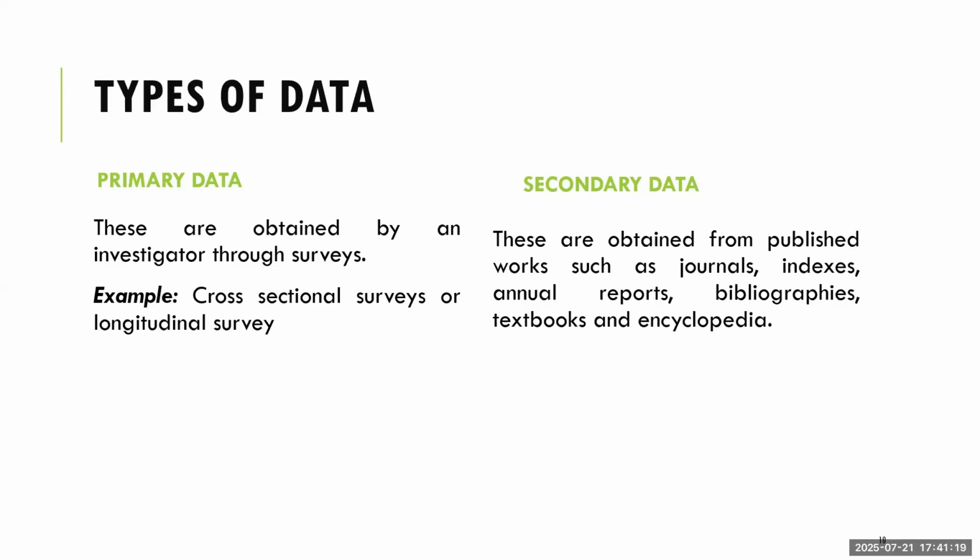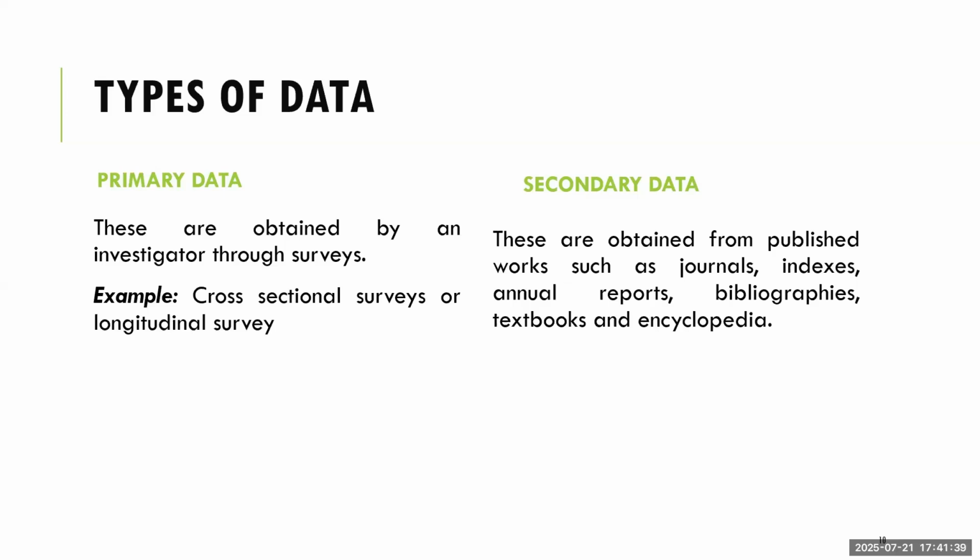Let's look at types of data. We have primary data and secondary data. Primary data, you obtain when you carry out your surveys, you go and interview people, whether self-administered or interviewer administered. That is all primary data sources.